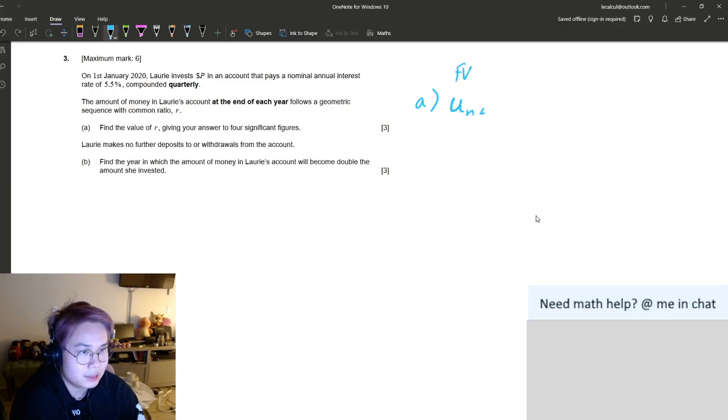This is U n plus 1. This is based on the present value, which is just your current money, U n. And then 1 plus the annual rate, which is 5.5, divided by 100 times a quarterly compounding period.